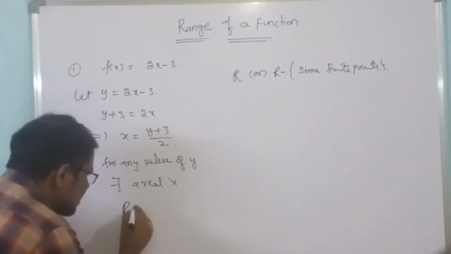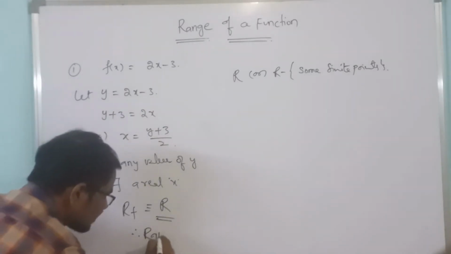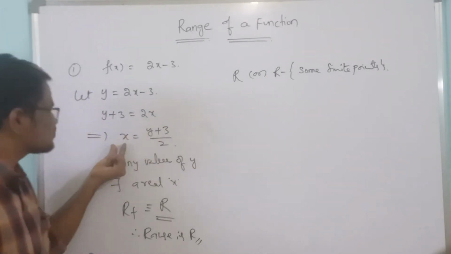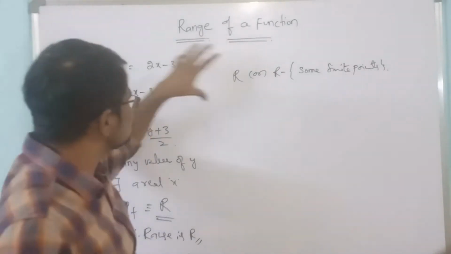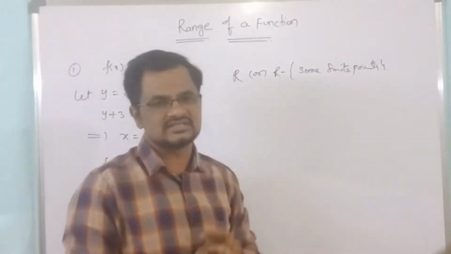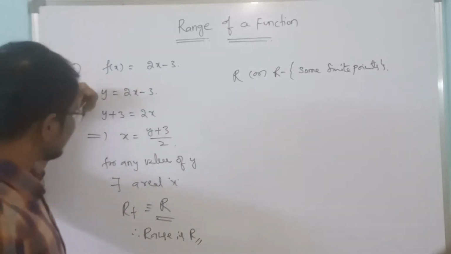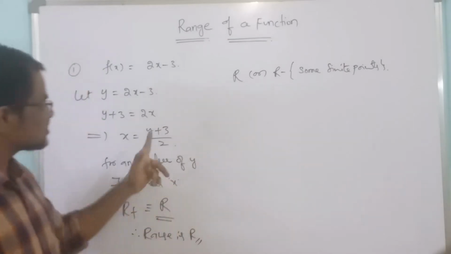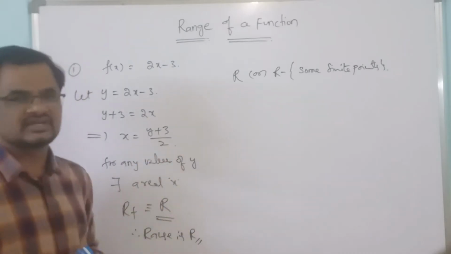So the range of this function is the real numbers, R, because for all y belonging to the real numbers, there exists x. Whenever the domain of the function is the real numbers or R minus some finite number of points, for that type of problem we take y, then find x in terms of y. Then the existence of y, according to that domain, gives the range of that function, right?